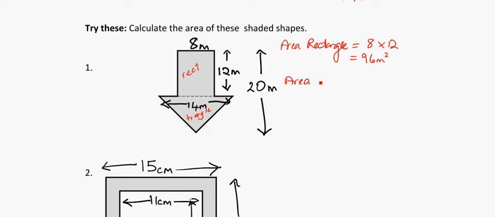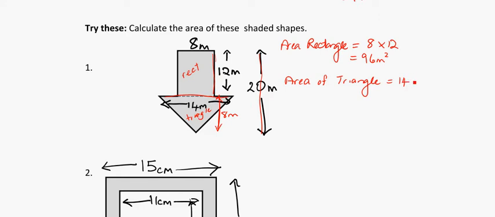Area of the triangle, and remember that's base times height divided by 2, so 14. Now there's your base. Now the height's this area between here and here. Now we're not given it, but we know that 20 is the whole way, 12 is down to here, so that bit must be 8.